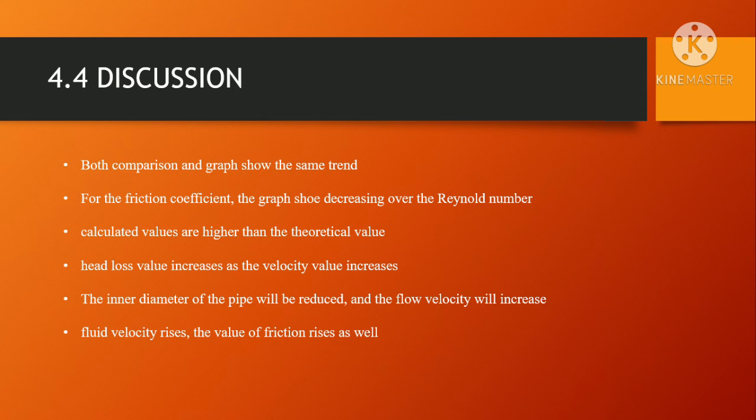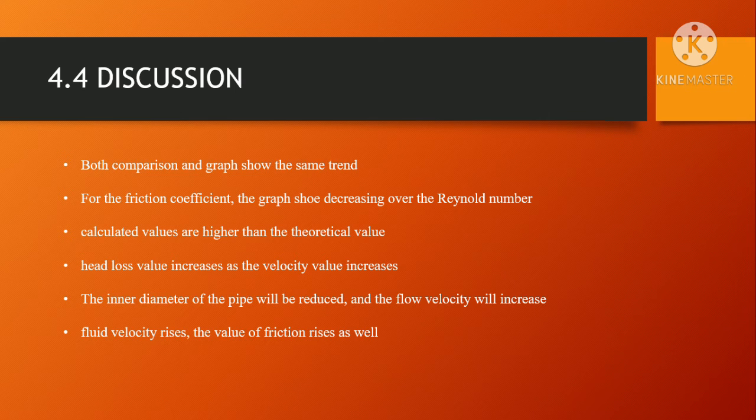For the friction coefficient, the graph shows a decrease over the Reynolds number. We also can see the calculated values are higher than the theoretical value. This may happen from the lack of maintenance of the apparatus, leakage, and maybe technical error during the experiment.